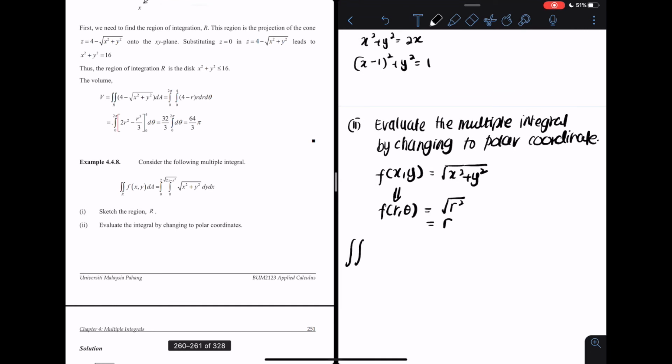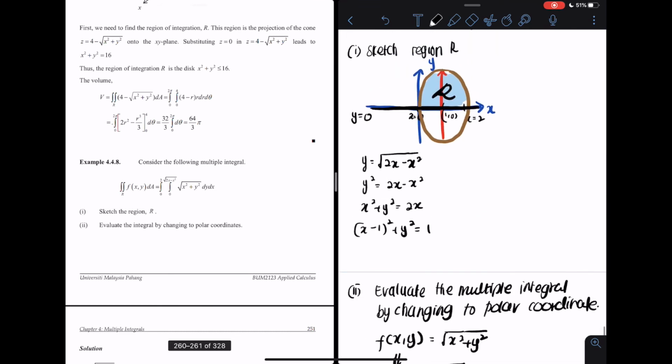The double integral, y equal to 0 until square root of 2x minus x squared and x equal to 0 until 2, of x squared plus y squared dy dx, is equal to the double integral of r squared times r dr d theta.